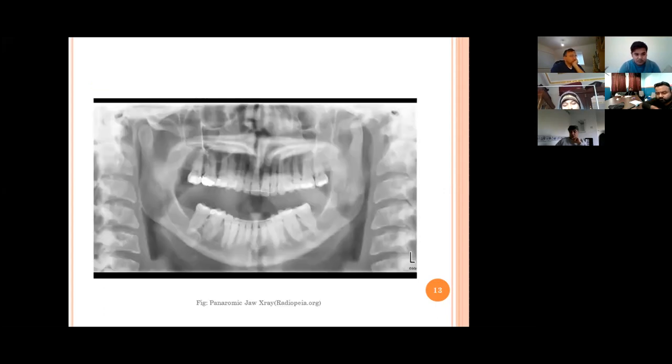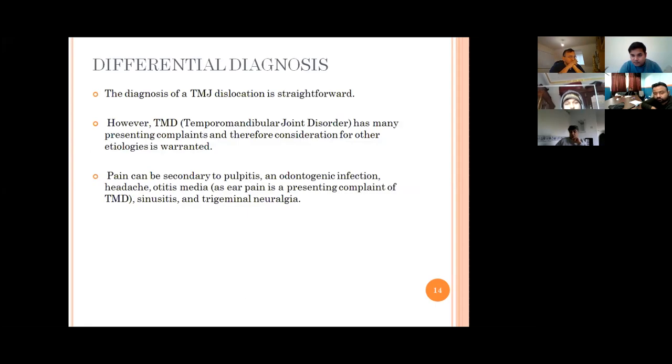So this is a figure of a panoramic jaw X-ray. Here we can see that on the right side, there is TMJ dislocation. Differential diagnosis. The diagnosis of a TMJ dislocation is pretty straightforward.